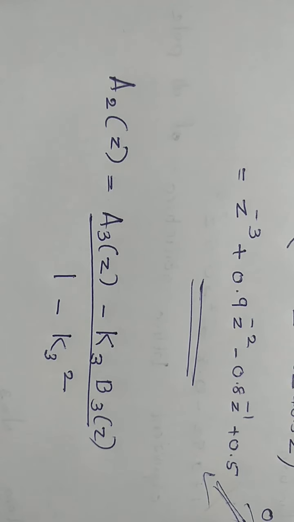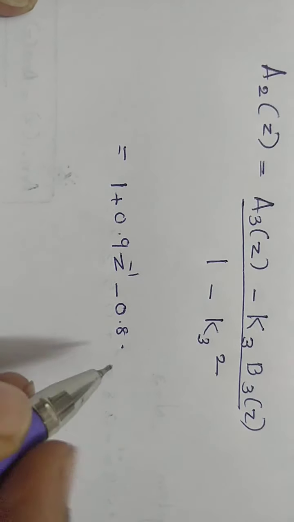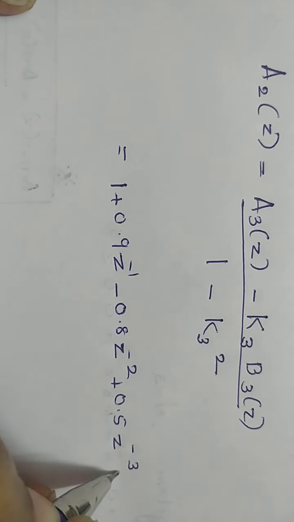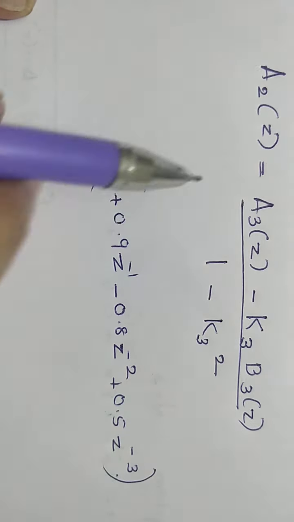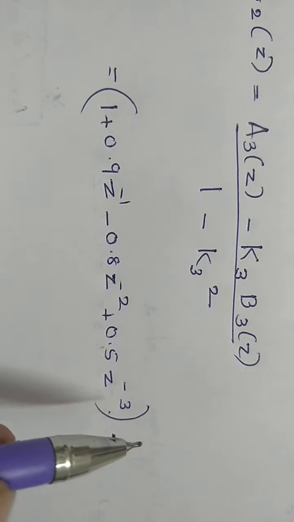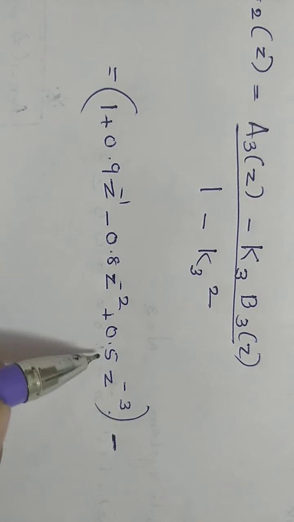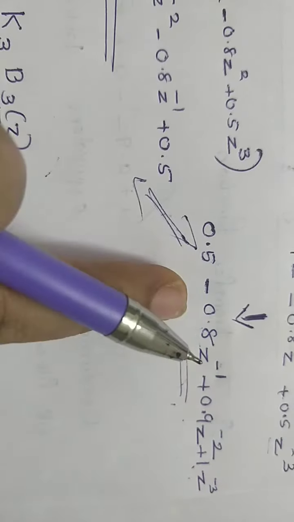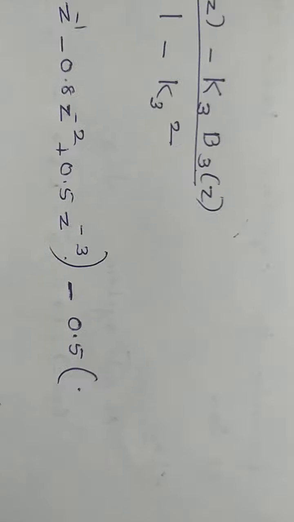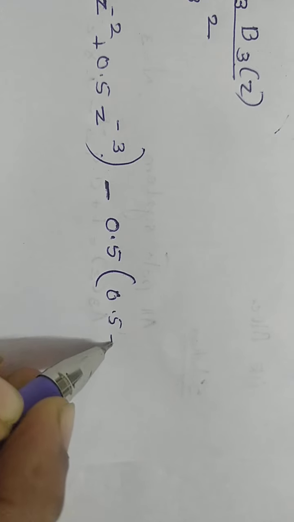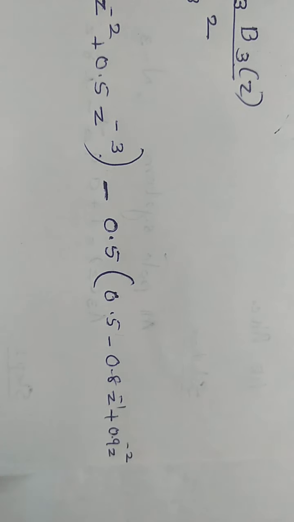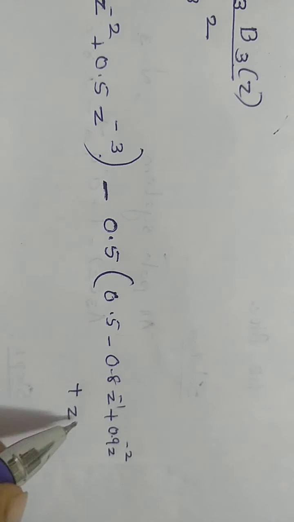The given denominator term, that is 1 plus 0.9 z inverse minus 0.8 z raised to minus 2 plus 0.5 z raised to minus 3, minus k3. The k3 value we already found is 0.5, times b3 of z, that is 0.5 minus 0.8 z inverse plus 0.9 z raised to minus 2 plus z raised to minus 3.